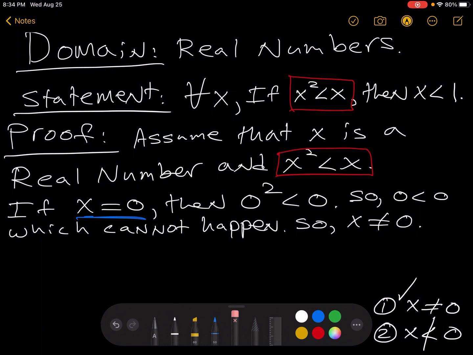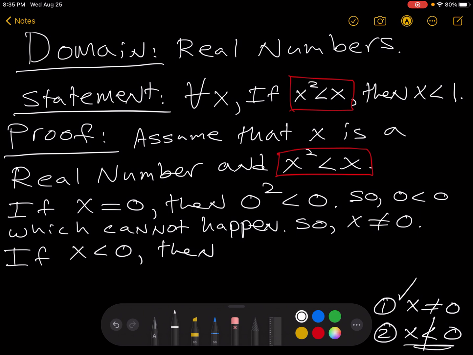Now we say, okay, what happens if x is negative? If x is negative, we don't want x to be negative.